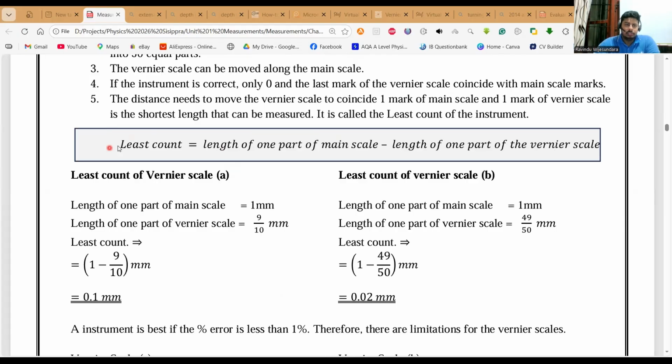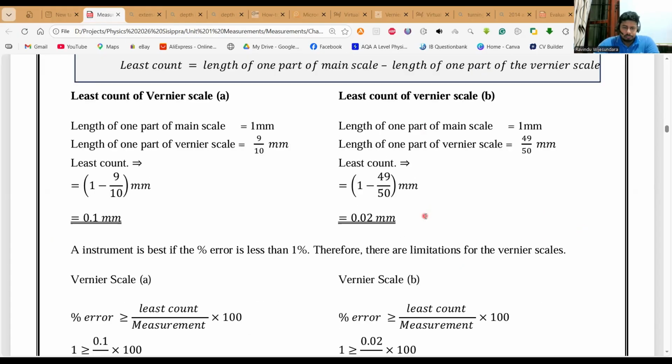So the least count is equal to the length of one part of the main scale minus the length of one part of the vernier scale. This is how it has been calculated for the first vernier caliper. You get 0.1 millimeter. You can see here very clearly. Here also I have taken that similarly, and I have included that very clearly so you can easily understand it.